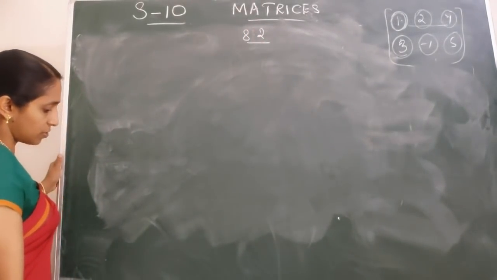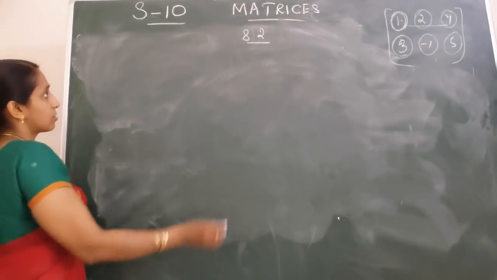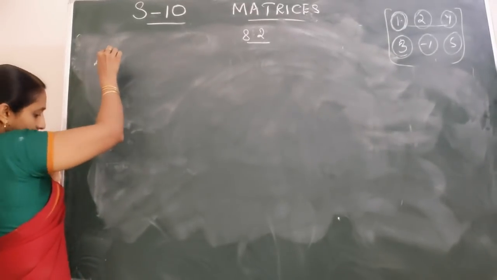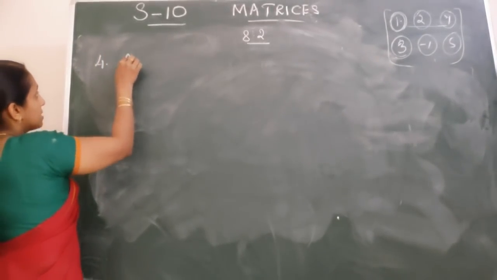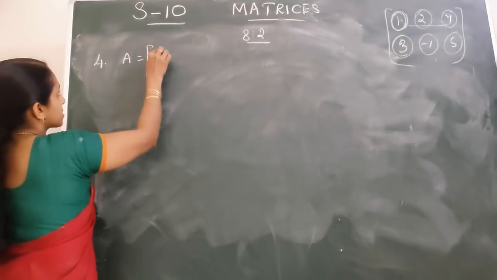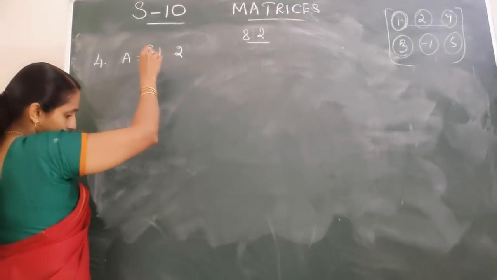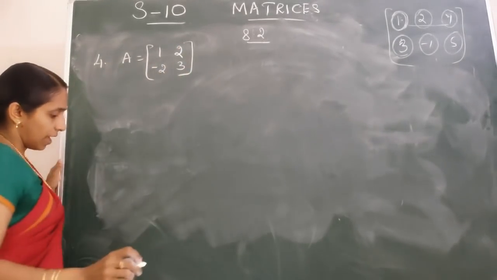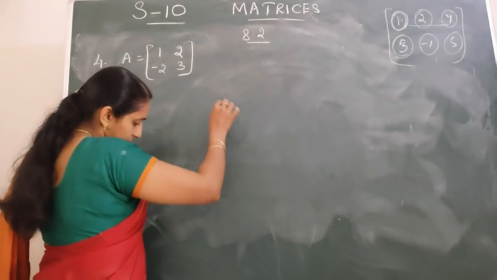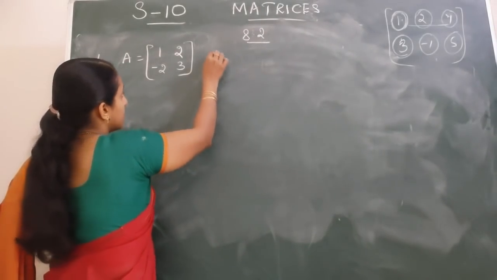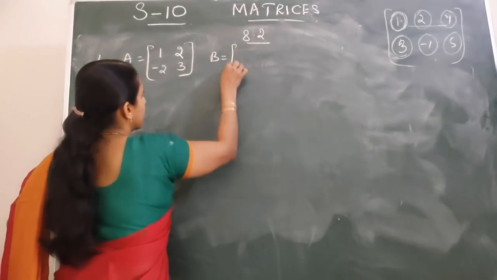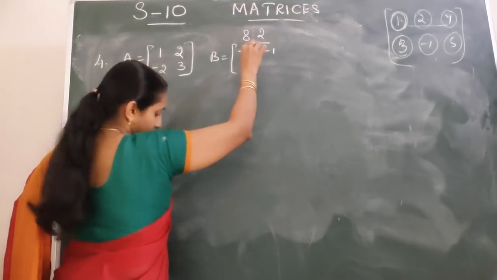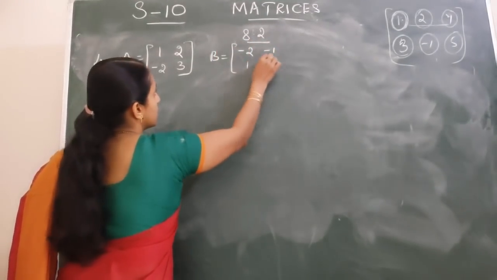I am going to solve question number 4. What is given? A is given as the matrix 1, 2, minus 2, 3. And B is given as minus 2, minus 1, 1, 2.